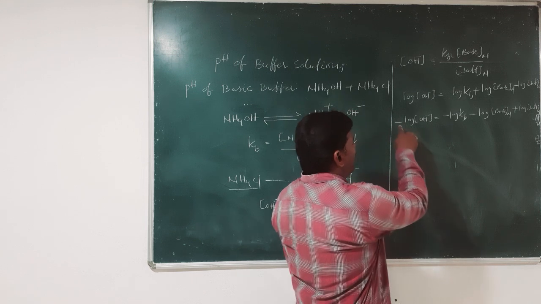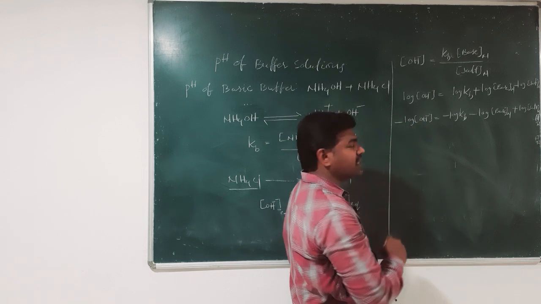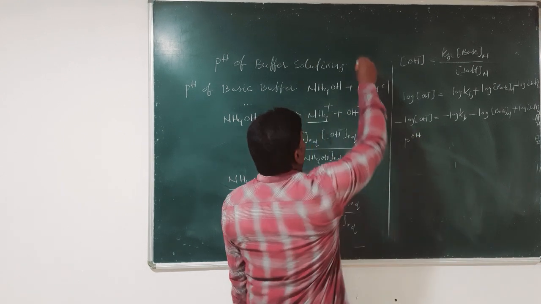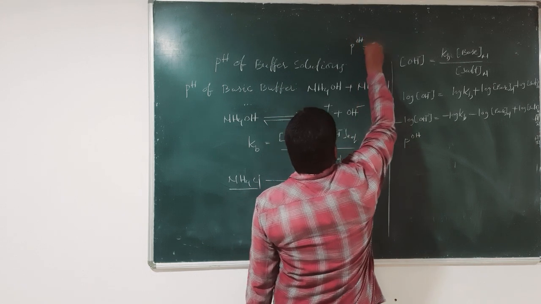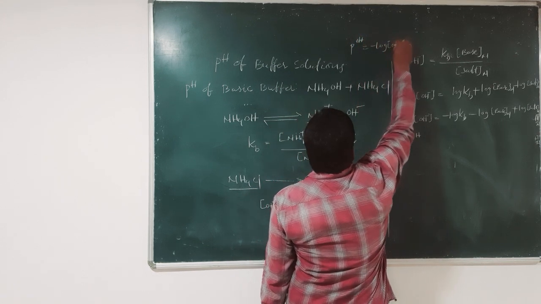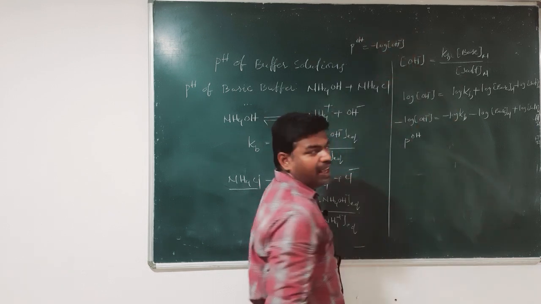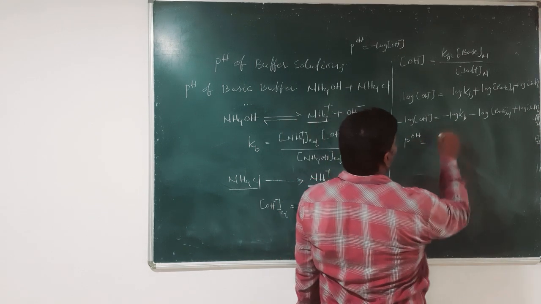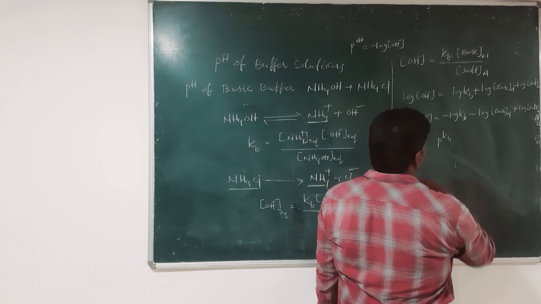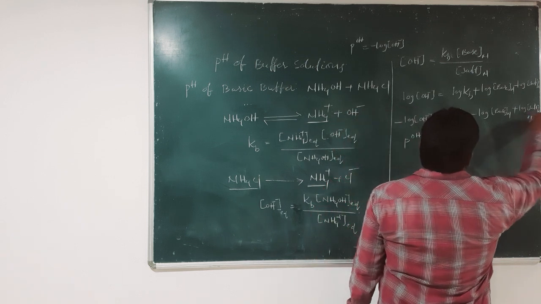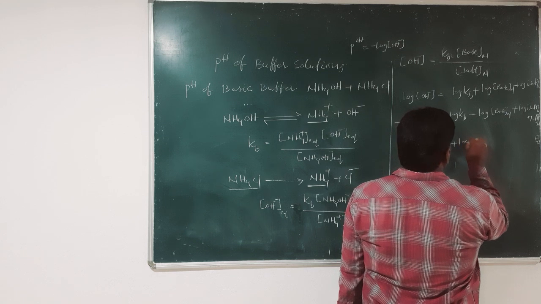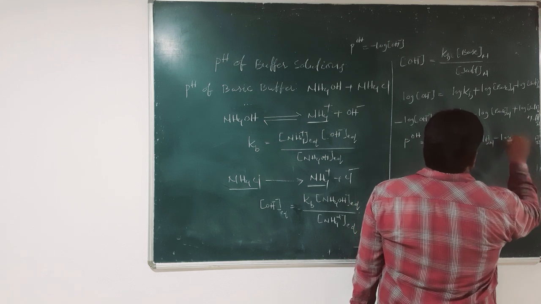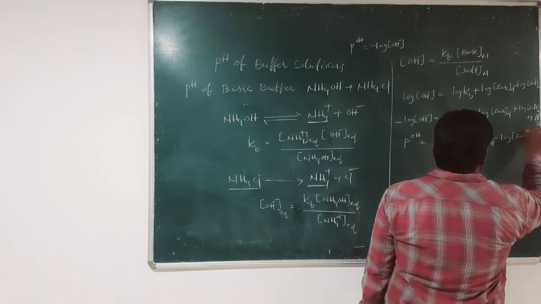Okay, so the negative logarithm of the concentration of OH minus ions we can write as pOH, because pOH is equal to the negative logarithm to the base 10 of the concentration of OH minus ions. So pOH is equal to pKb, and it is in the form of log m minus n, that is, log concentration of salt minus log concentration of base.